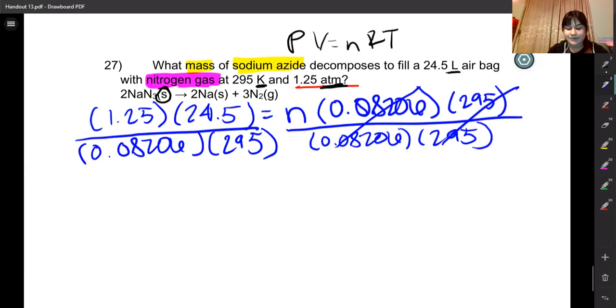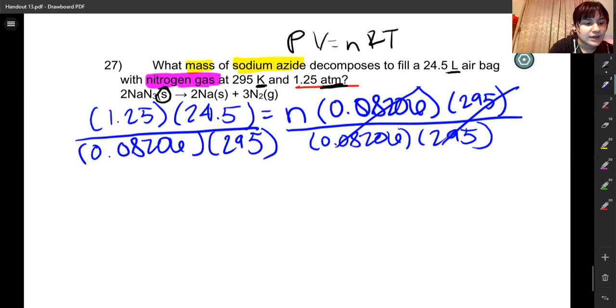So the way that I type this into my calculator is I do 1.25 times 24.5 equals, and then whatever that is, I divide by 0.08206, and then equals, and then I divide that by 295. If that doesn't make sense to you, don't worry about it. Do what makes sense to you. This works out mathematically. It makes sense to me, and so that's why I use it, and it's what helps me get the right answers.